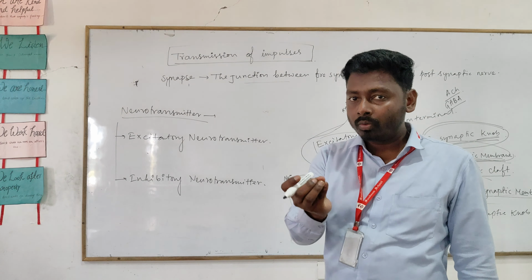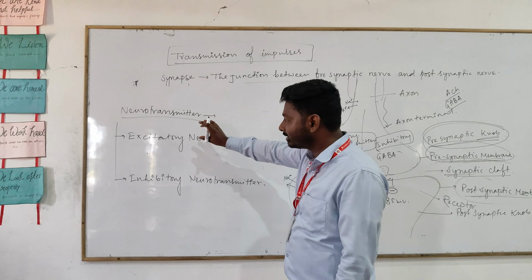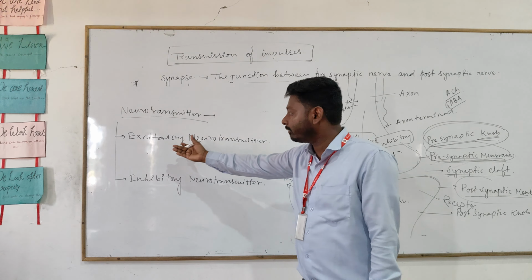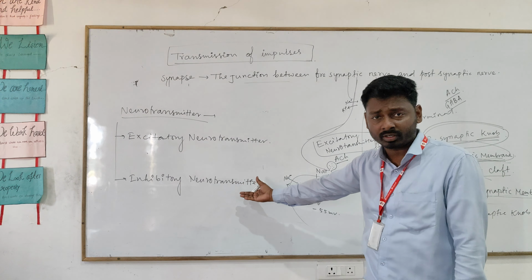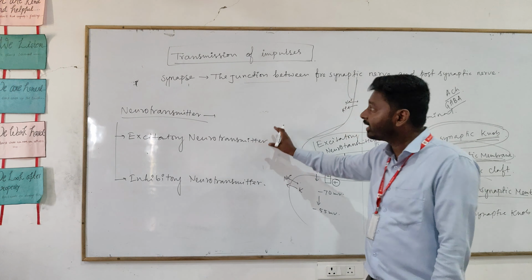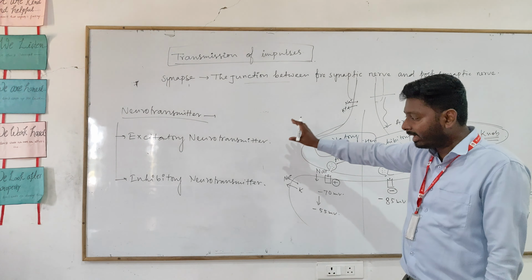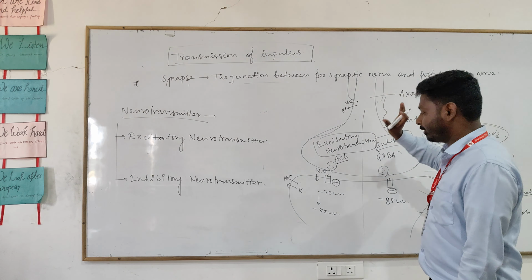Let's try to understand the neurotransmitter, which is of two types. One is the excitatory neurotransmitter and the other is the inhibitory neurotransmitter. So how does this excitatory neurotransmitter work in the synapse part, and how does the inhibitory neurotransmitter act on the synapse part?